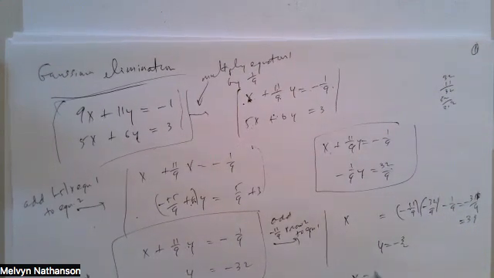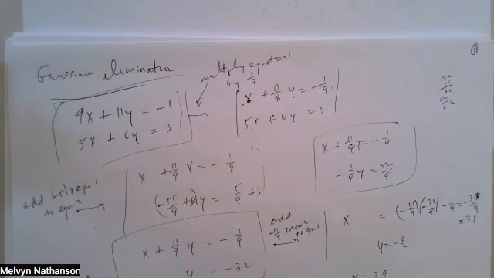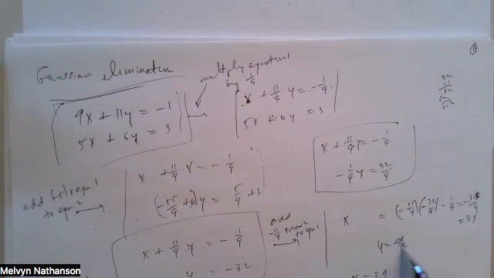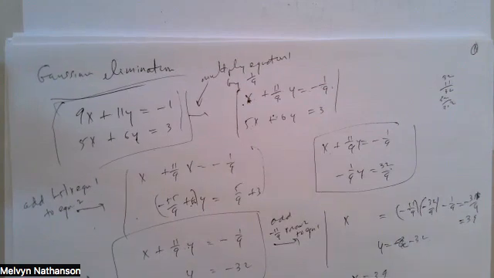So we get x equals 39, y equals minus 32.